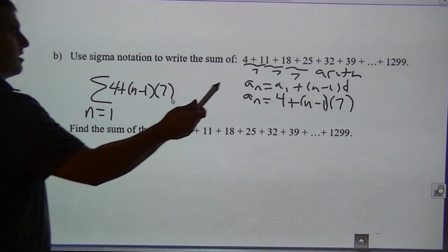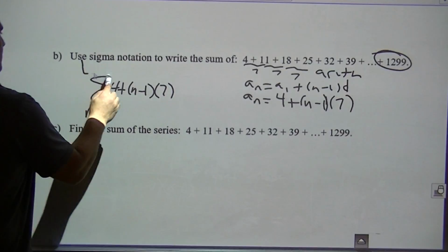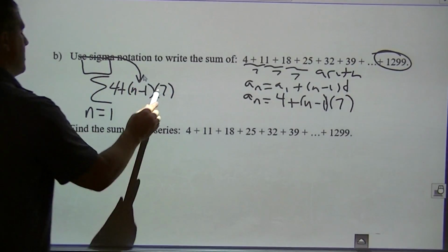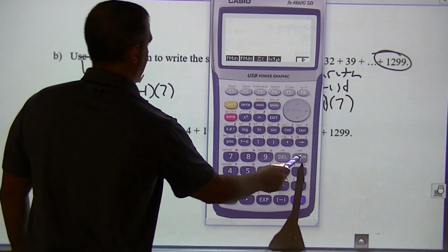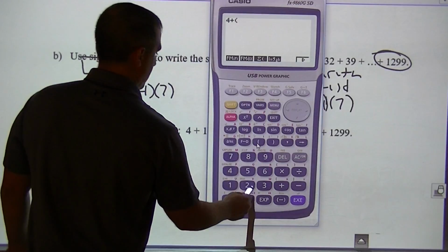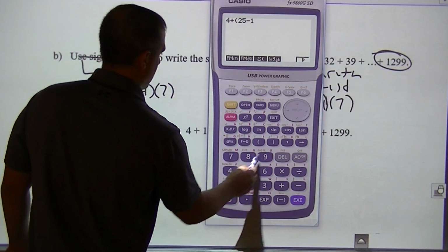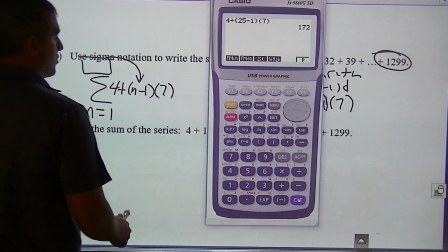Now, if you look at this, I need 1299. The idea is to figure out what I could put into n that would give me 1299. I just started playing around with the calculator. I might say it's 25. See what I got there? Way too small.